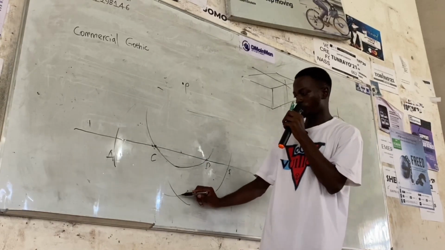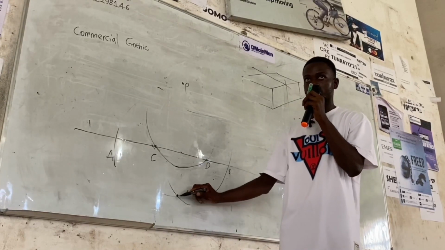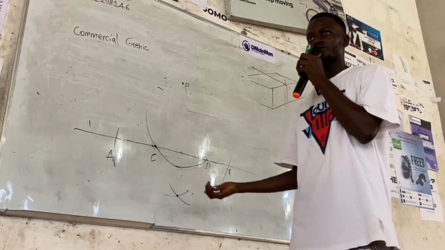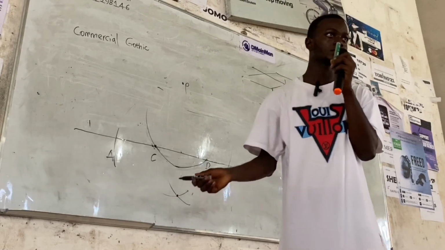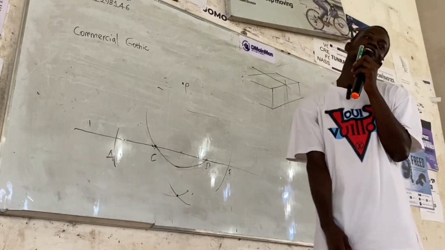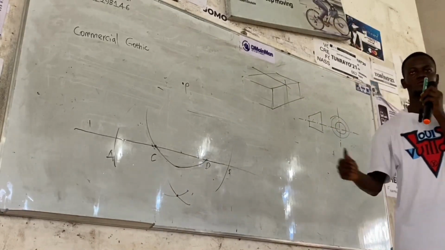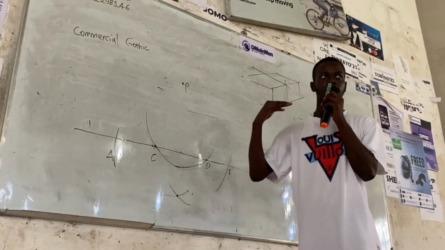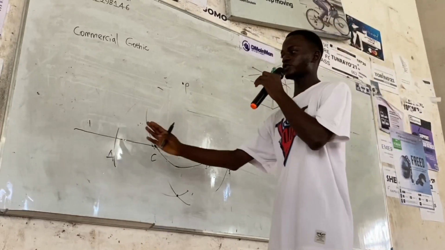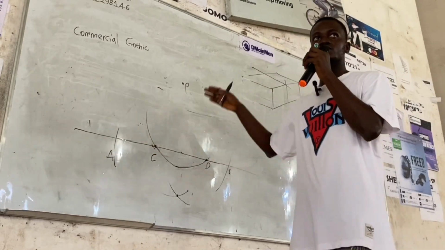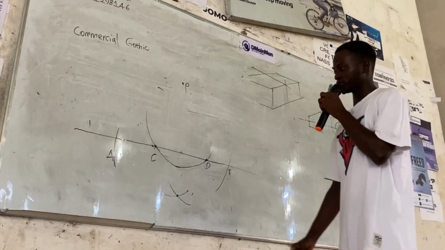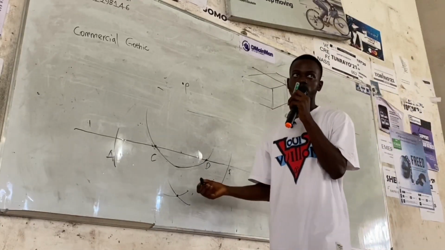At the point at which it intersects this arc, let's name it E, because we are following C, D, then E. It shows the steps which you took in getting your perpendicular line.